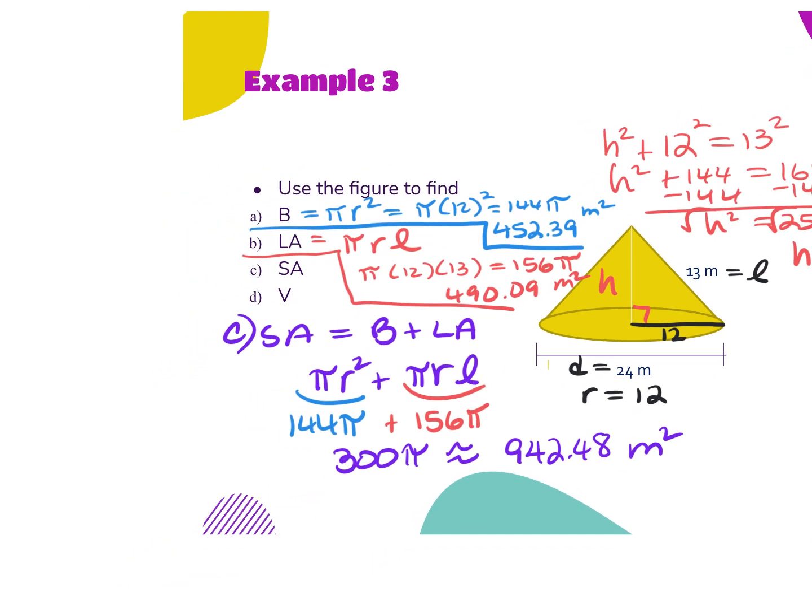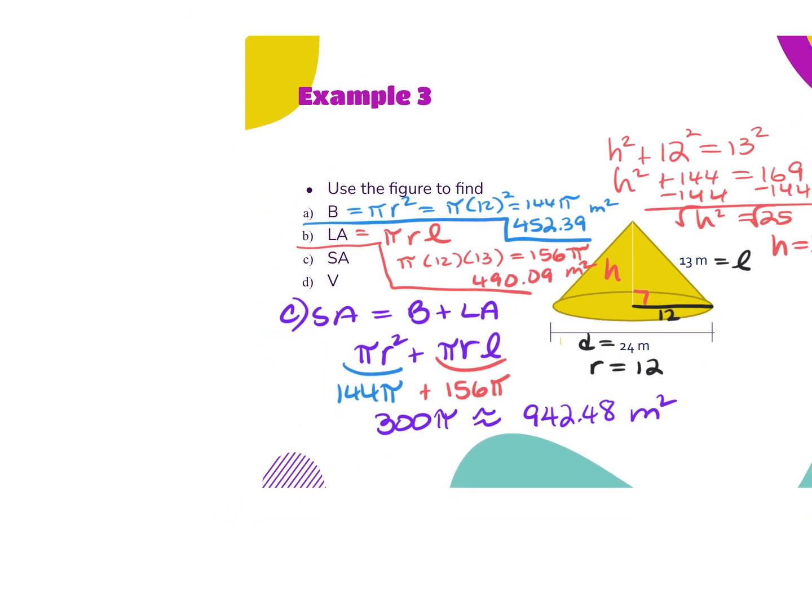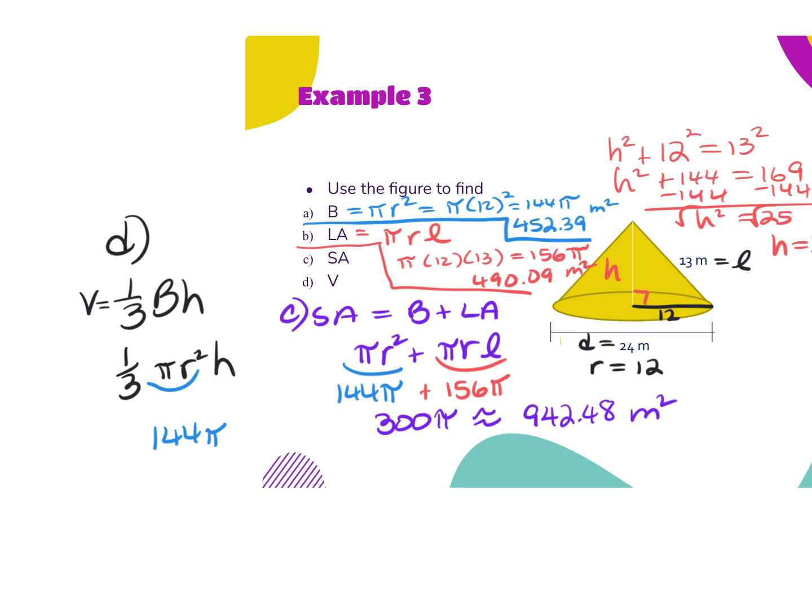And for the last one, part D, to find the volume, that formula, 1/3 BH, and again, your B is a circle, so 1/3 pi r squared height. We already did the pi r squared. That was the 144 pi. And then the height we calculated, it was a 5.